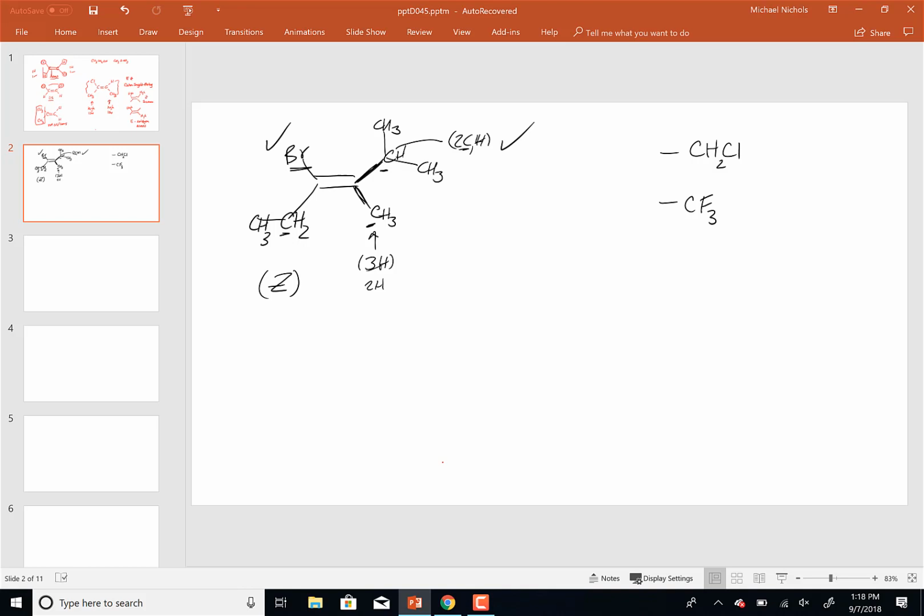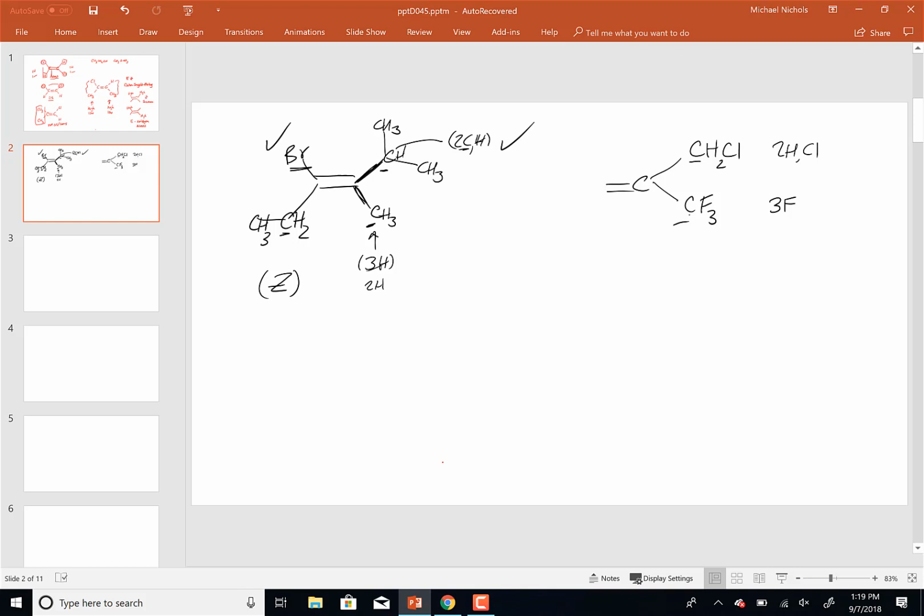So if I'm comparing these two groups, imagine they're attached to a double bond. Well, I don't even have to imagine that. I can just say they're attached to a double bond. I'm trying to determine which one has higher priority. So carbon versus carbon, tie. What's attached to this carbon? 2 H's and a Cl. What's attached to that carbon? 3 F's.